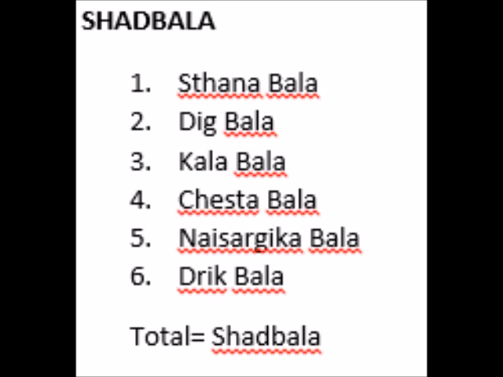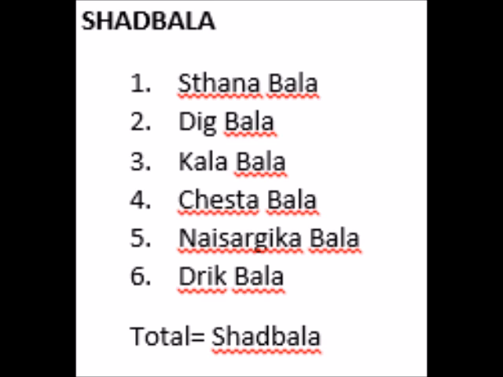And these 6 types of strengths are further subdivided into other components, which I have tried to discuss mostly, but it's not possible to discuss each and every component in detail in this video. But whatever I could, I have discussed. You have a fairly good idea now: the Shadbala is broken down into 6 types of strengths.